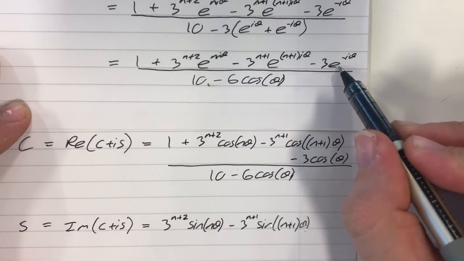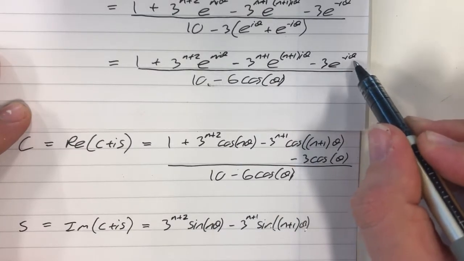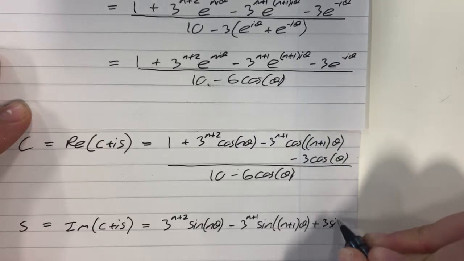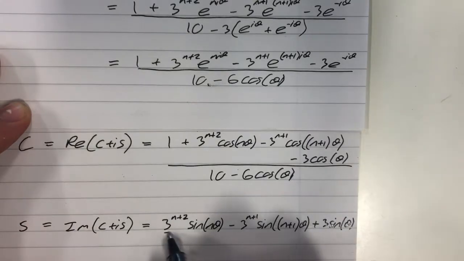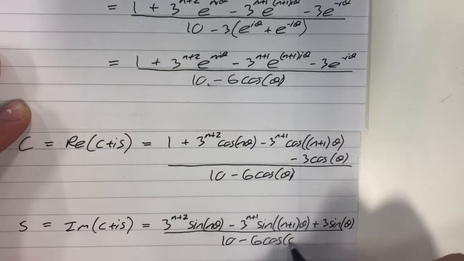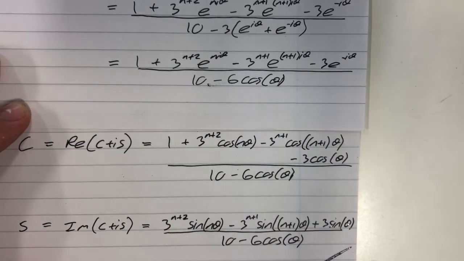And then this is going to give me a minus sine theta here, but times that by minus 3 is plus 3 sine theta. And that's all divided by 10 minus 6 cos theta. And that is my answer for S.